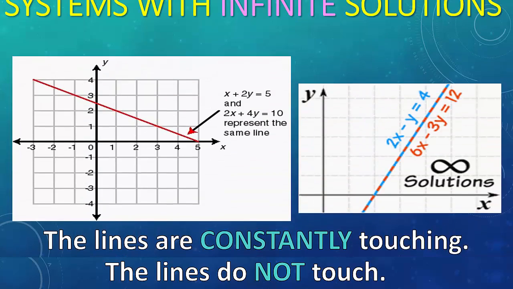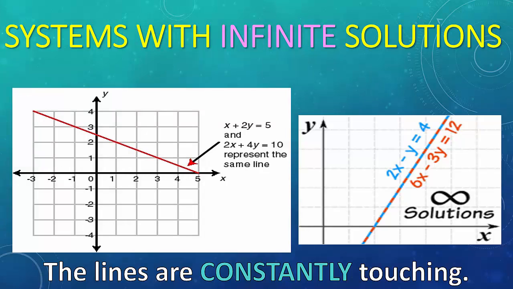Okay, moving right along. Systems with infinite solutions, which are also called many solutions. When you graph the two lines, they will basically overlap the entire time. They will be the same line. So if we look at this, we have this as one equation in a system, and there's the other.